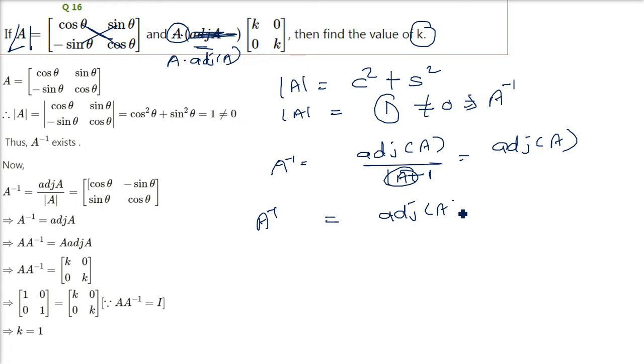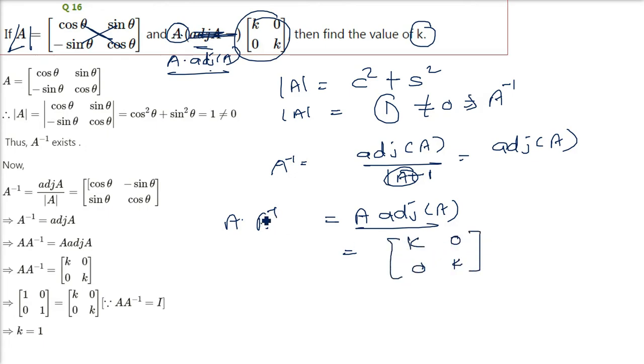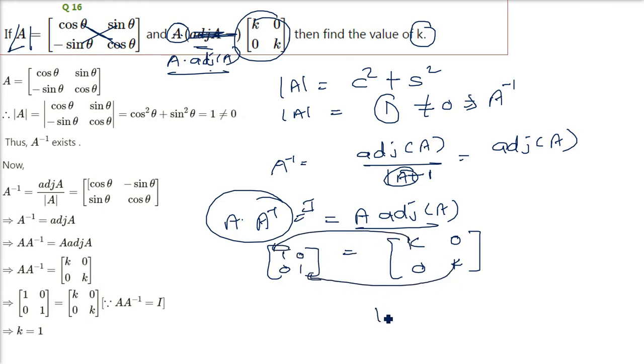The right hand side we already have, because it is given as K 0 0 K. On the left hand side, A into A inverse is the identity matrix. So we can just write it as 1 0 0 1. The diagonal should be 1, others should be 0, and you just equate it: K equals 1. So this is your K.